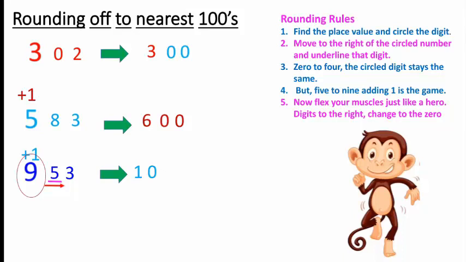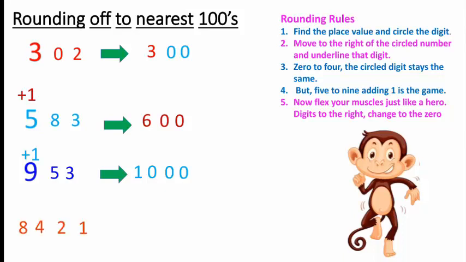Now the rest of the digits as per our rule will become 0. So this 5, which is underlined, will become 0, and the other digit will also become 0. Clear? So what is the rounding off we have got for 953 to the nearest hundreds? We have got 1000. Clear children?